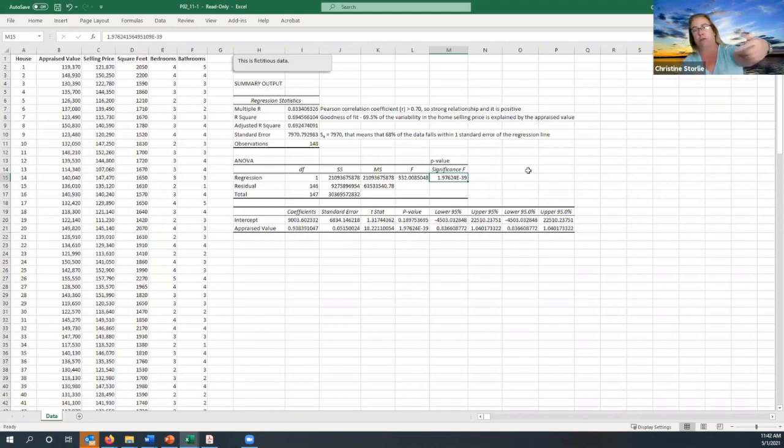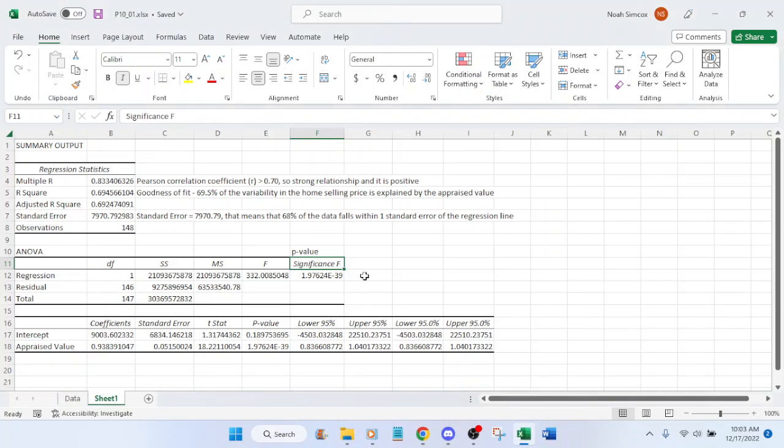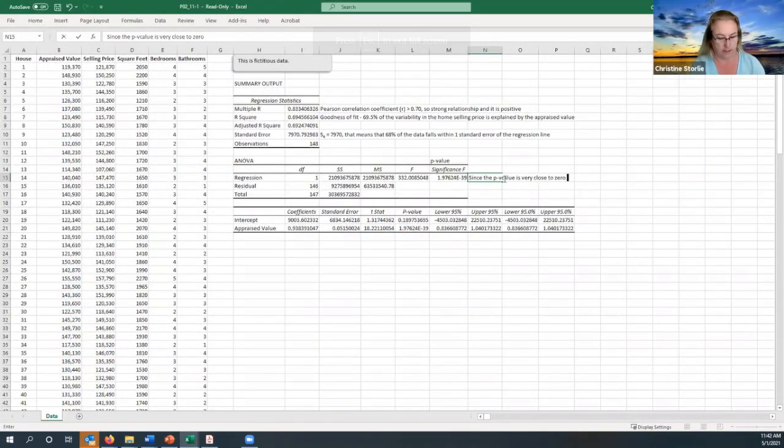So an extremely small p-value, definitely less than alpha. We can reject the null.